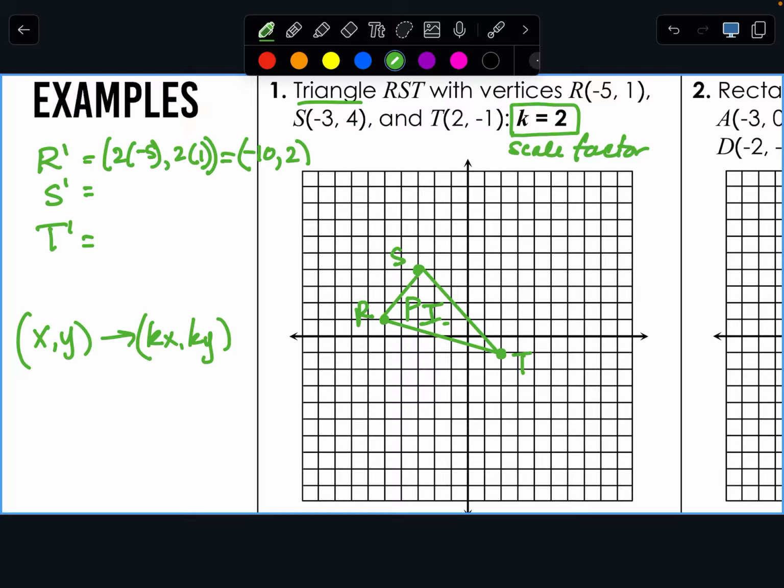That's my new point. So all I've done is just added k in front of, here's my original point, there's -5 and 1.